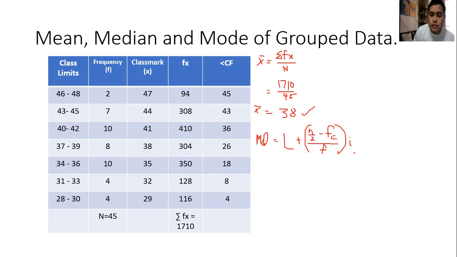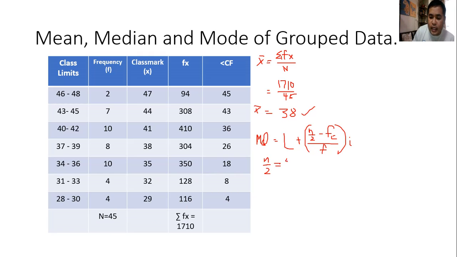This might be confusing for you since the notations are new. L represents the lower limit of the median class. But what is the median class? How are we going to find the median class? For the median class, of course, we have to divide the total number of observations, the frequency, by 2.